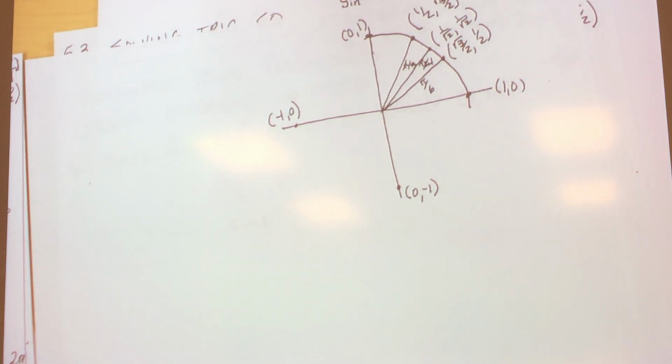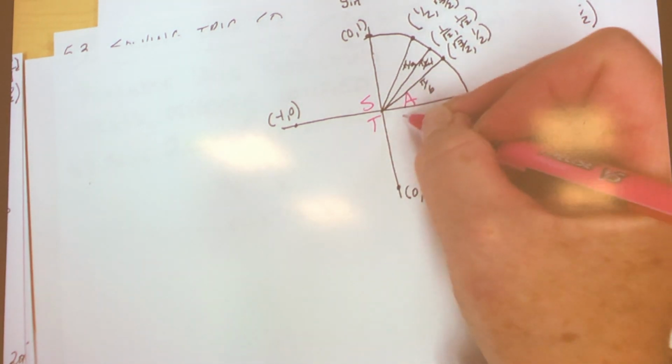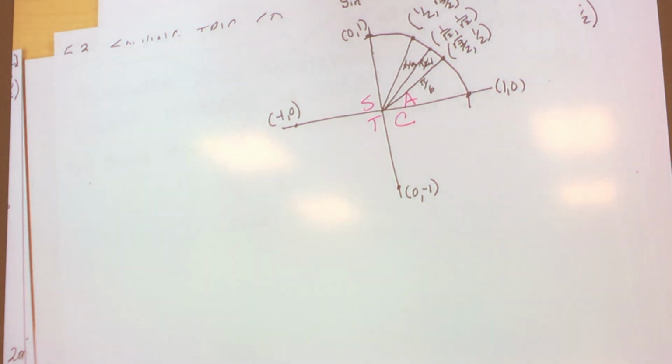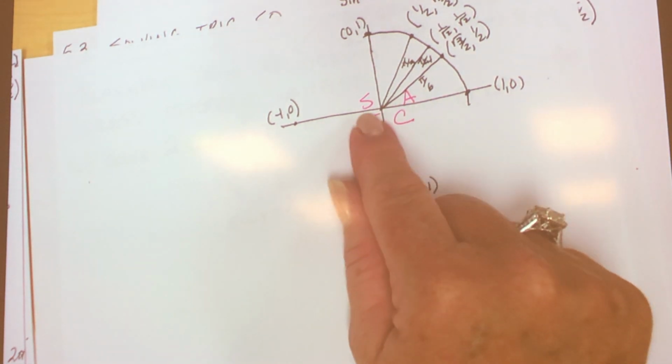Okay. So another thing I might write on my paper, in a different color, is this: All Students Take Calculus. Y'all know what that stands for, right? All are positive in the first quadrant. In the second quadrant, sine and his reciprocal, cosecant, are positive.